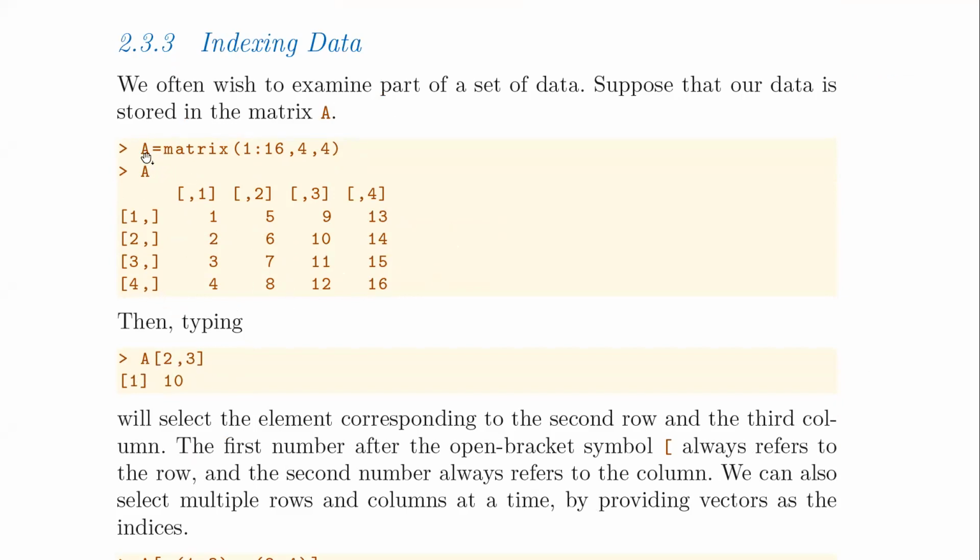If I say A square brackets 2 comma 3, that means the second row and the third column. But we'll do this when we next meet.